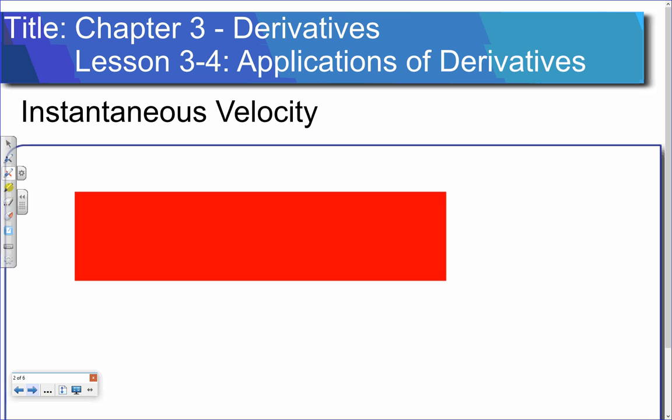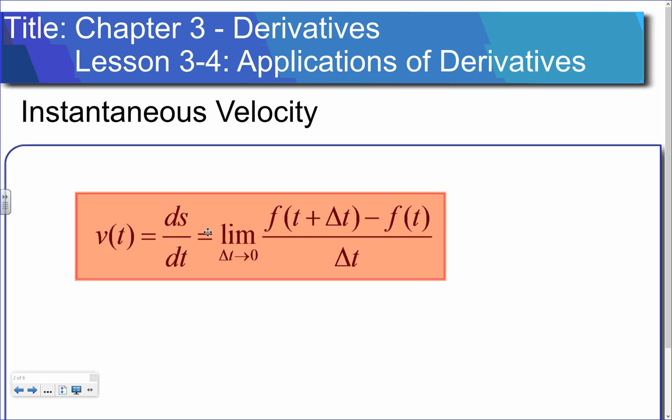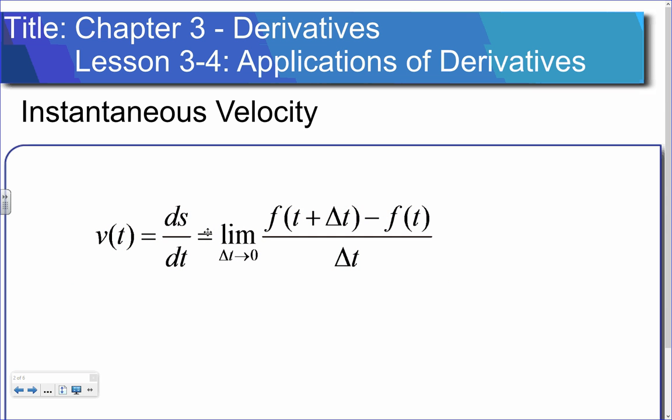Instantaneous velocity is a connection piece to physics. Our instantaneous velocity, v of t, is equal to the derivative of s with respect to t, where s is the position function. And that's defined to be the limit as delta t, which represents a very small change in time, approaches 0.